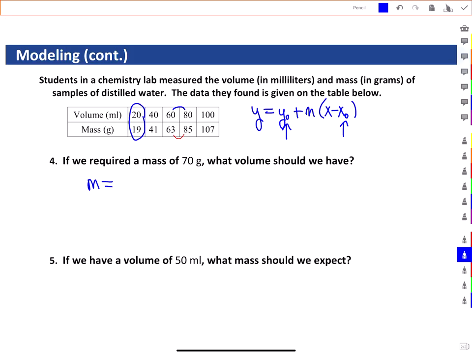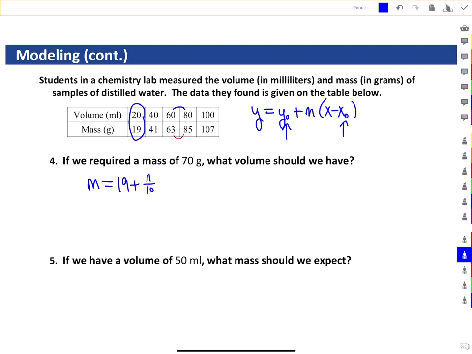So the 20 is going to be my v naught or my x naught in this formula, my input, and then the 19 is my output. So this is going to be 19 plus, my slope we said was 1.1 or 11 over 10.